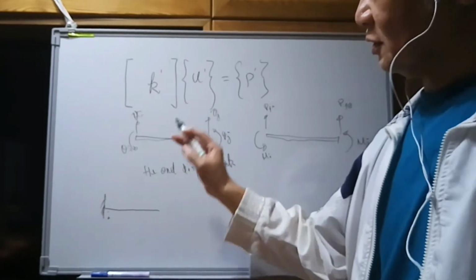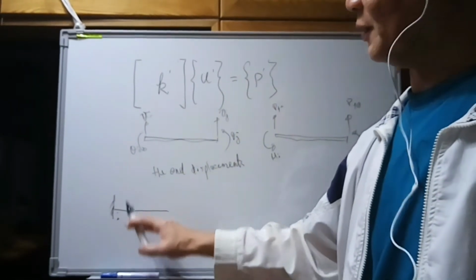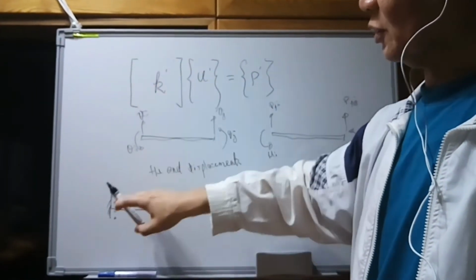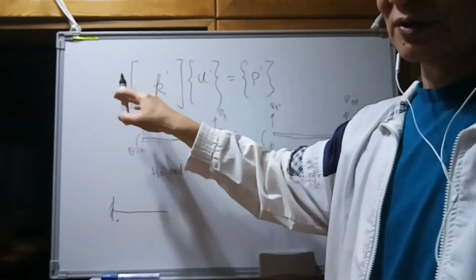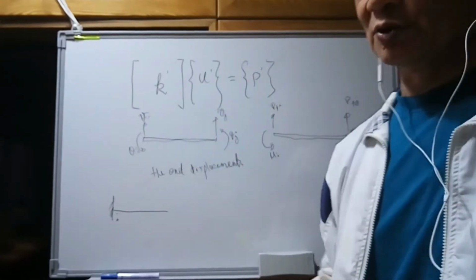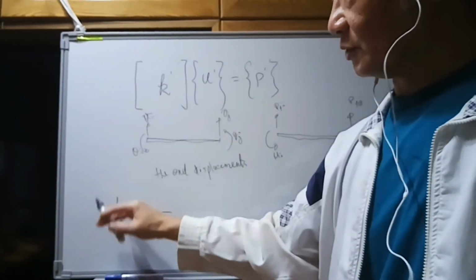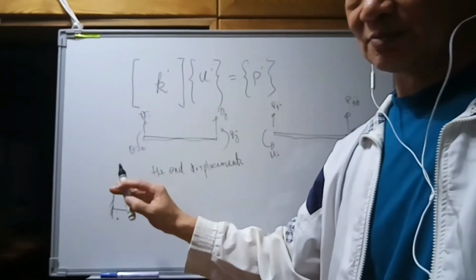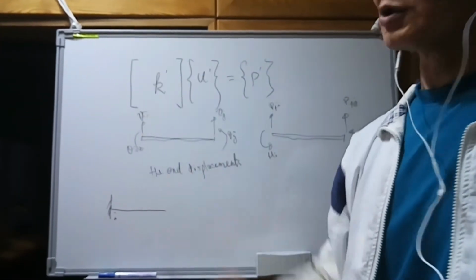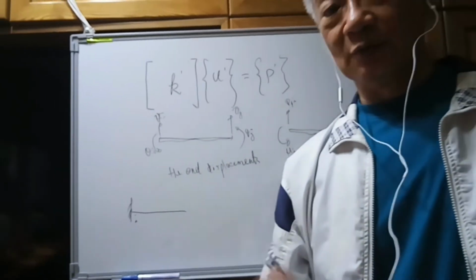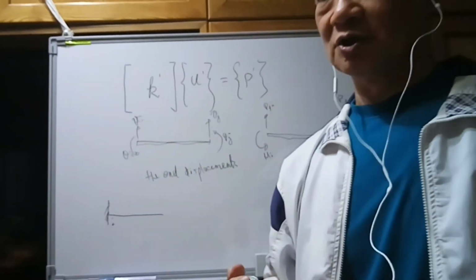Even though it is a cantilever beam, we include the vertical displacement and the rotation in the original equations. But if we know these two elements must be equal to zero, we can just eliminate the first two columns and get a set of new equations.